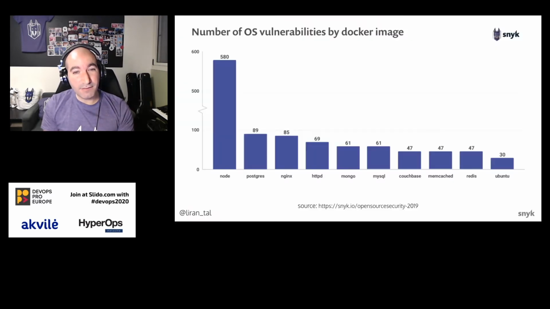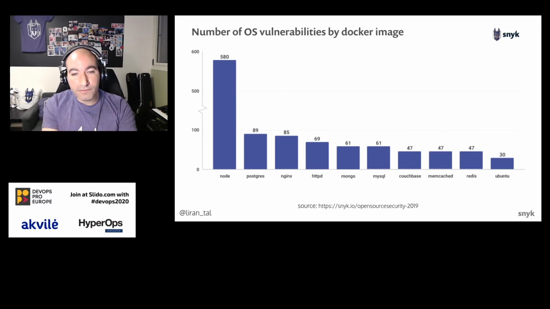The thing is, if we had now scanned all of these top 10 container images by default, or their node and latest kind of Docker images from the most popular container images on Docker Hub, this is what we'll find. We'll find that Node has 580 vulnerabilities inside it.